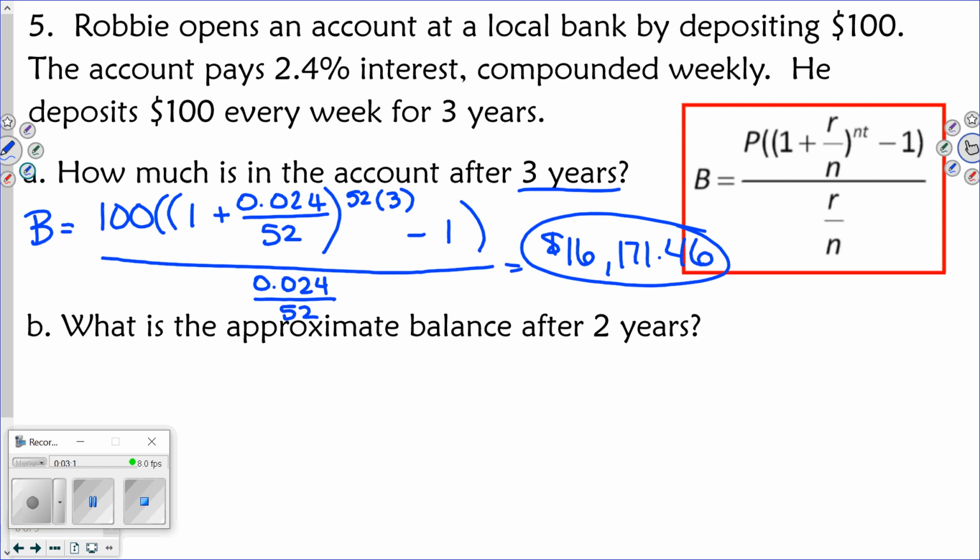If you just arrow up until the entire equation is highlighted, and then hit enter, it brings it up so you can actually edit it. So now you can arrow over until you get to the 3 and just change it to a 2. So that one would give you $10,651.12.